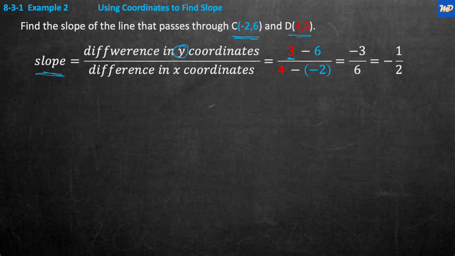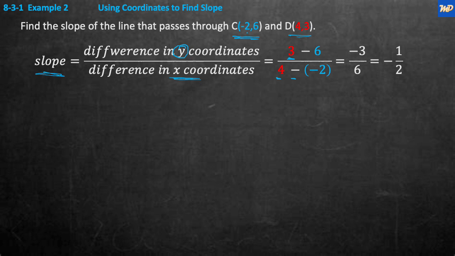Divided by, now we're going to get the x value. Here, the x coordinates. So now we're going to take 4, which is the x value in the D spot. And we're going to subtract a negative 2. We put it in parentheses here so you don't forget it. 4 minus a negative 2.